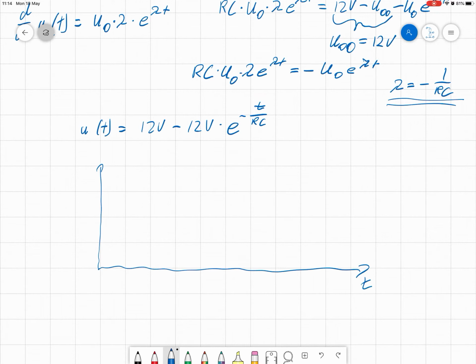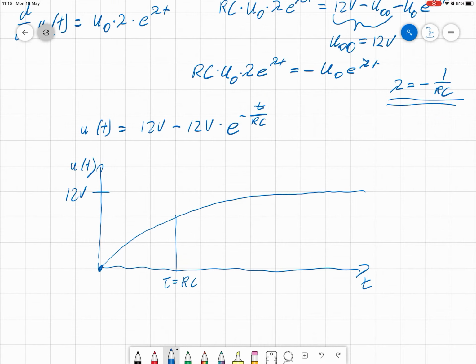So time is here, 12 volt is here, this is U(t). We start at 0, we will eventually asymptote to 12 volt, and so we get an exponential function that looks roughly like so, with the time constant being about here. So this is about tau equal to RC.